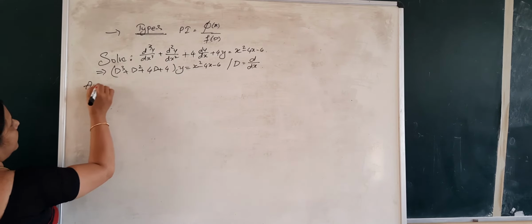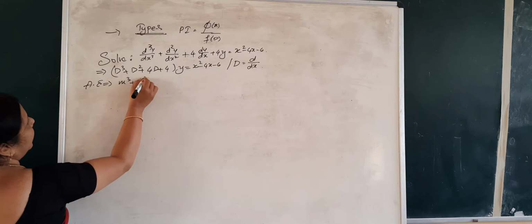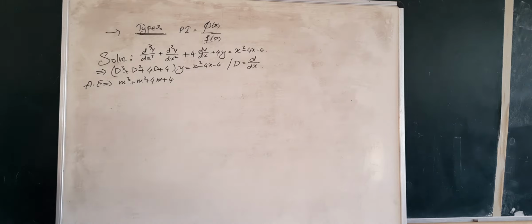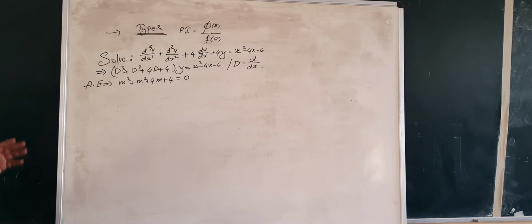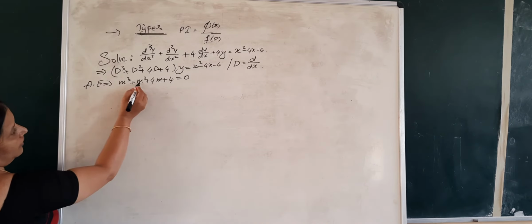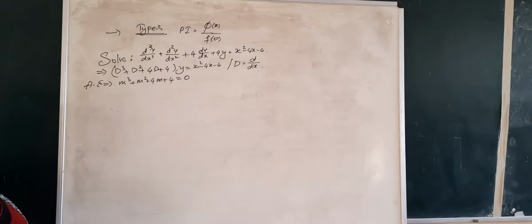Now the auxiliary equation for this particular question becomes m cube plus m square plus 4m plus 4. So we don't have to apply synthetic division because it is factorizable in the simplest way. See here, what is common in both the terms, m square, m plus 1 will be remaining, and here also 4 is common, so m plus 1 will be remaining.